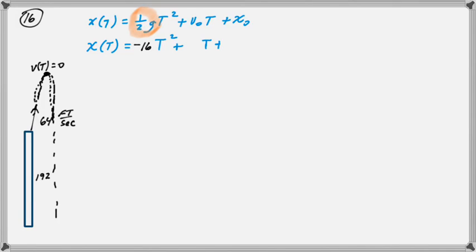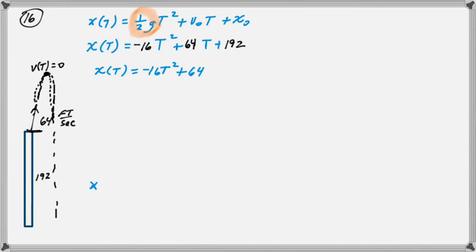Anything sub o means initial, and v means velocity. So the initial velocity was a positive 64 because the ball was thrown upward, and the initial height was 192. So I have my position function: x of t equals negative 16t squared plus 64t plus 192.